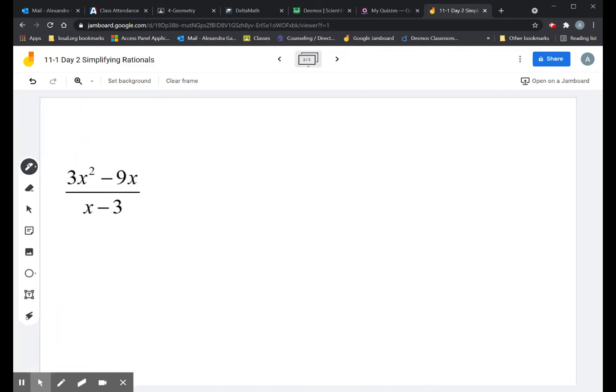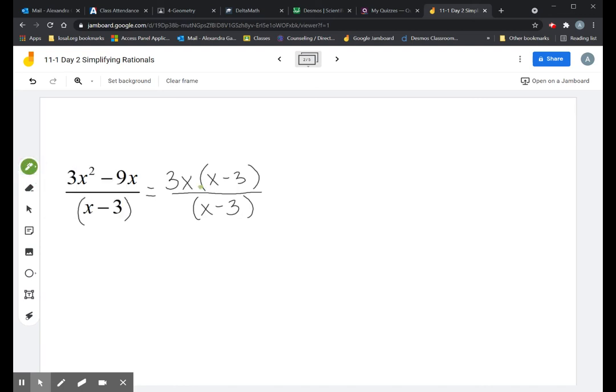So now I've got 3x squared minus 9x and x minus 3. I'm going to put that guy in parentheses. It looks like I don't have a GCF for my denominator. So I'm going to factor first. The numerator, the top, I can factor out a 3x because I got a GCF, and then it's x minus 3 over x minus 3.